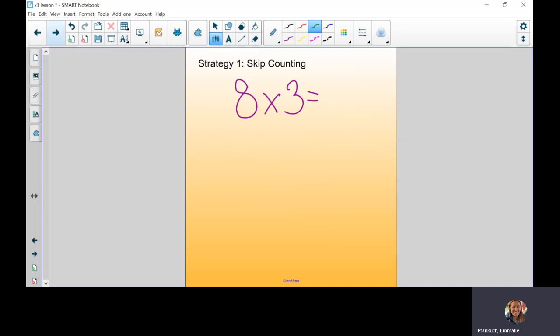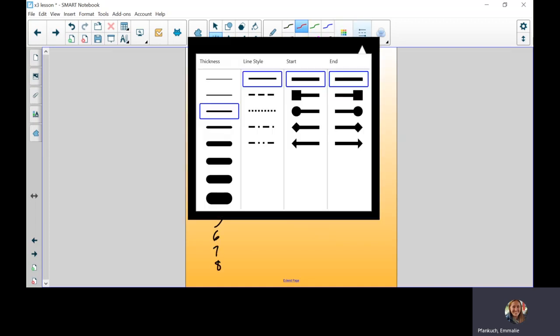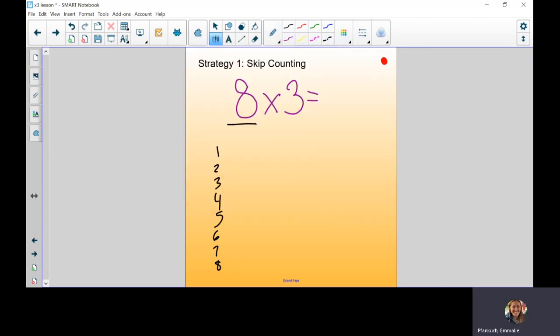Let's try one when we have to go a little bit farther. So for this one, I'm going to set ours up as an array. I'm going to give myself 8 rows. And in each row, I'm going to put 3 dots. 1, 2, 3.